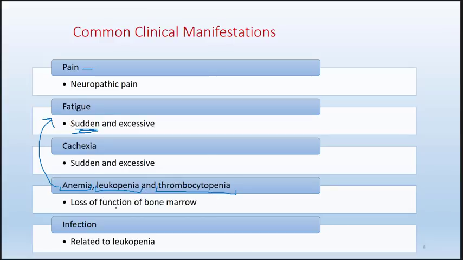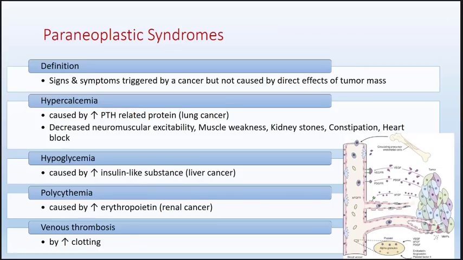The reason for this, remember, is that all blood cells are produced in bone marrow, and with some cancers, bone marrow cannot function as it's supposed to. And then infection. Infection is usually related to leukopenia, because white blood cells are hugely involved in our immunity, and if they're very low, then these individuals are more likely to acquire infections that they would otherwise be able to fight off.